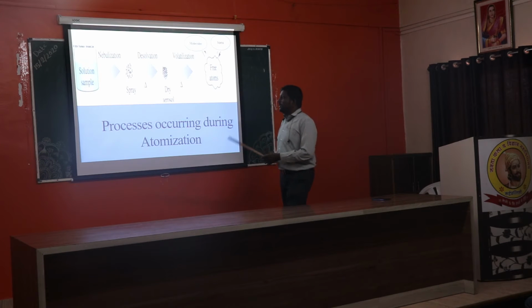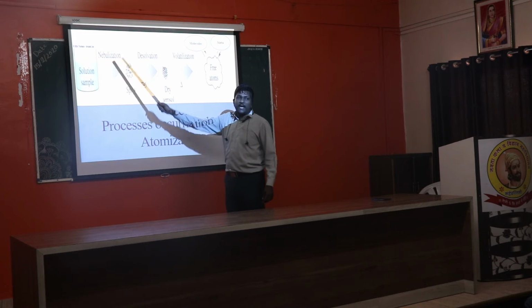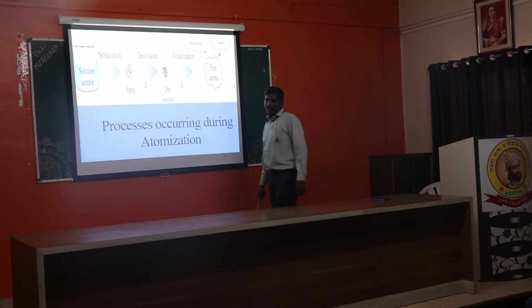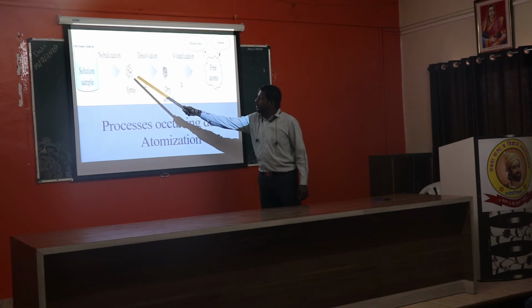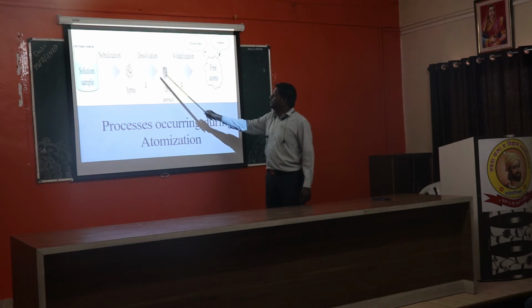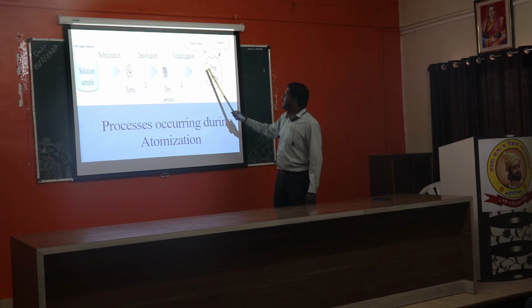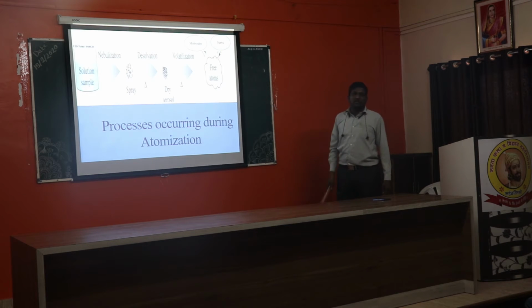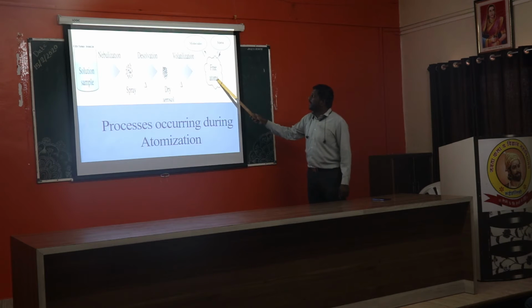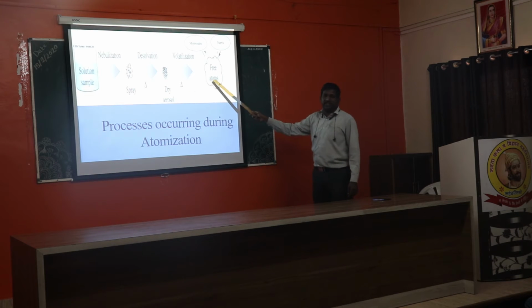Now if you see over here, take a solution sample. Nebulization means small droplets, there is a spray of small droplets. Then there is dissolution, dry aerosol, volatilization, and free atoms, molecules and ions. In this way, your sample solution gets converted into free atoms by these three steps.